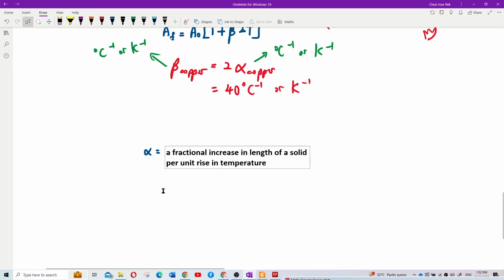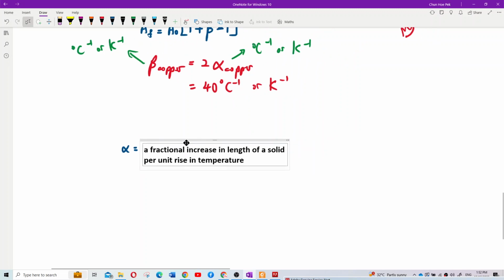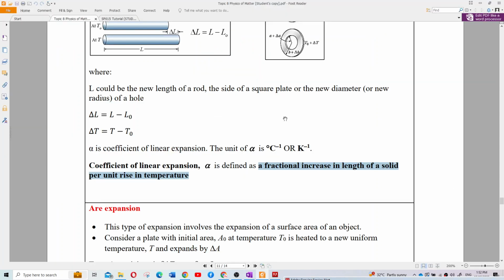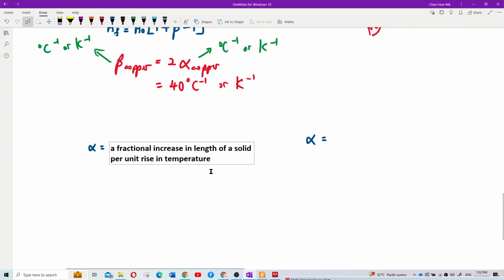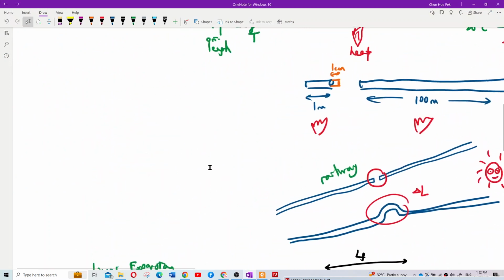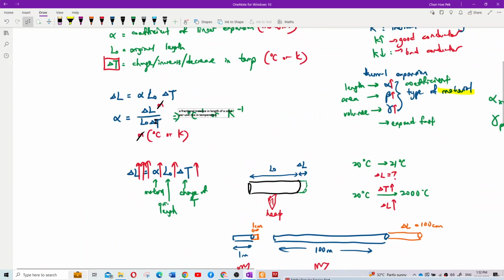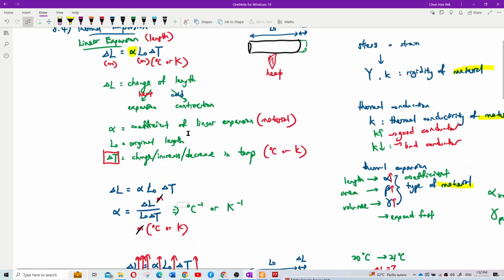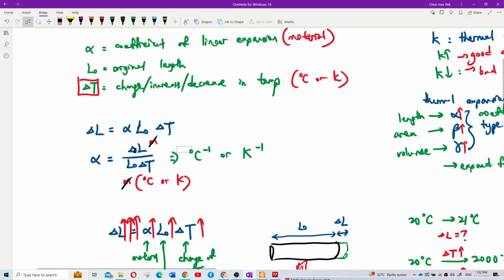Okay, so now alpha is called the fractional increase in length of a solid per unit rise in temperature. Do you understand this statement? What's the formula again that we derived? See, alpha is delta L over L naught delta T. We got that, right?